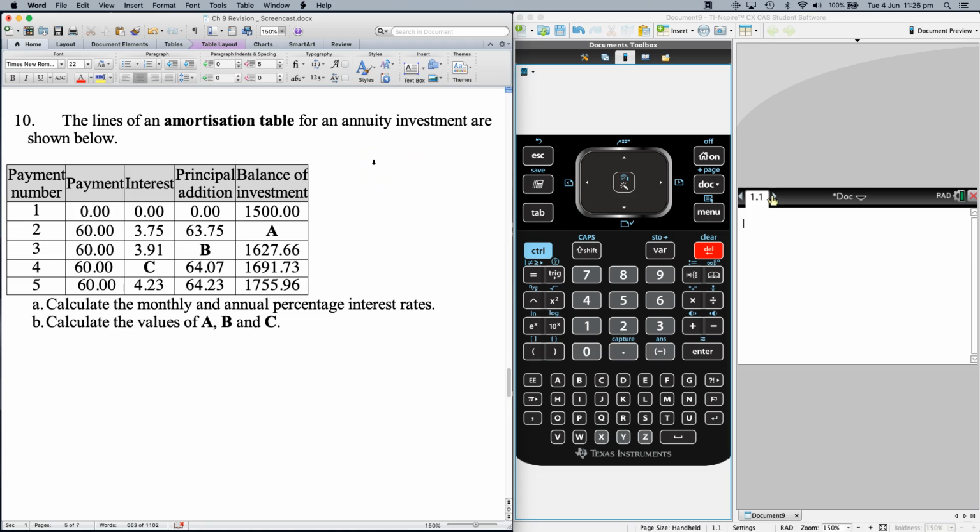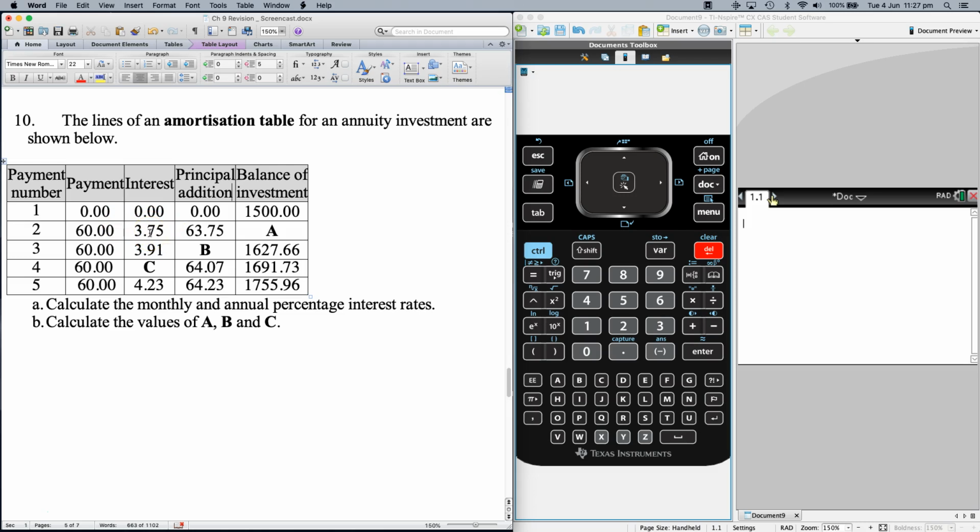Now, the first thing that we're asked to calculate are the monthly and annual percentage interest rates. The way that we can do that is we can have a look at any point where we have the balance and we know the interest that was earned the next compounding period.